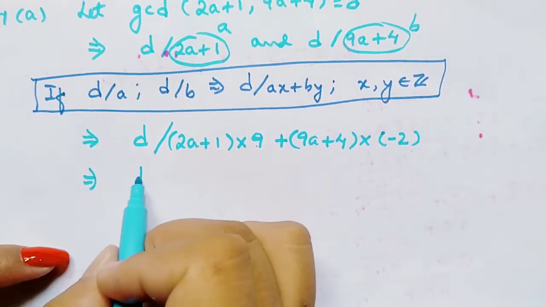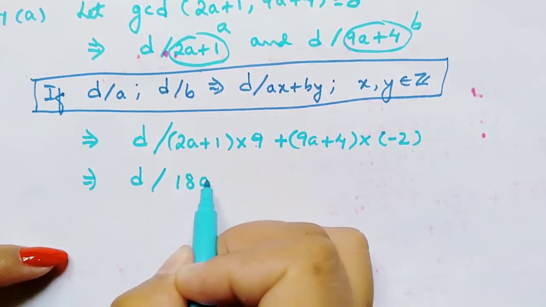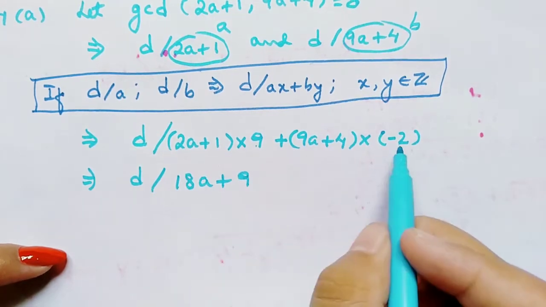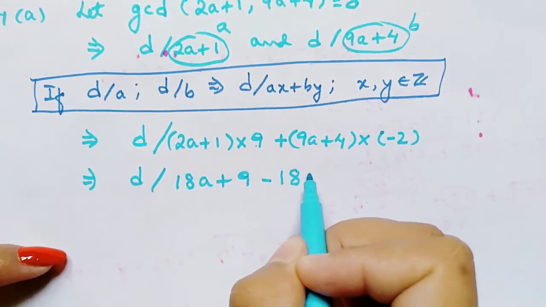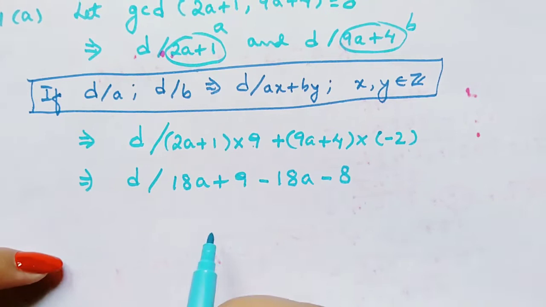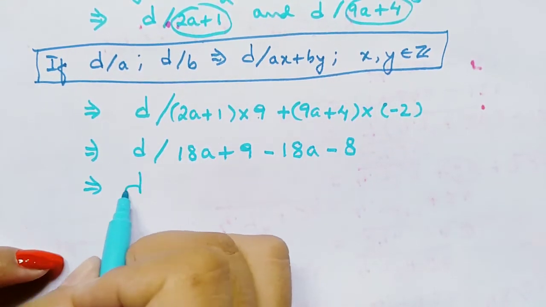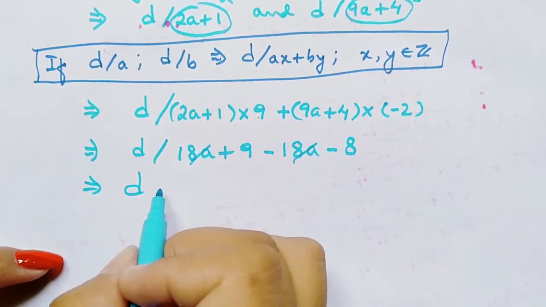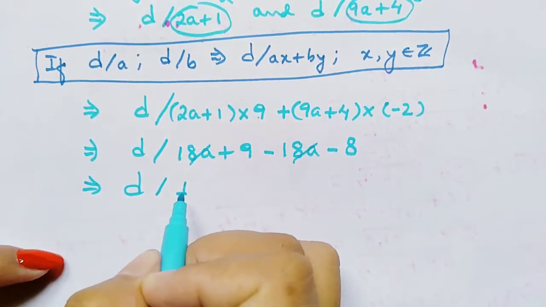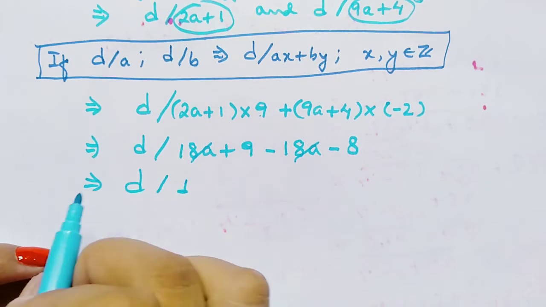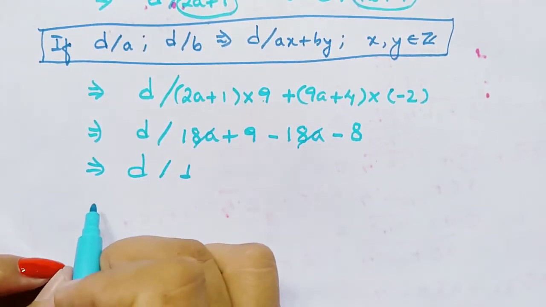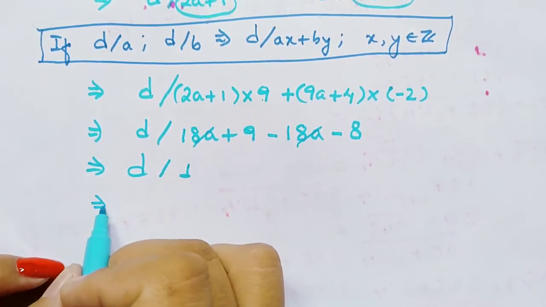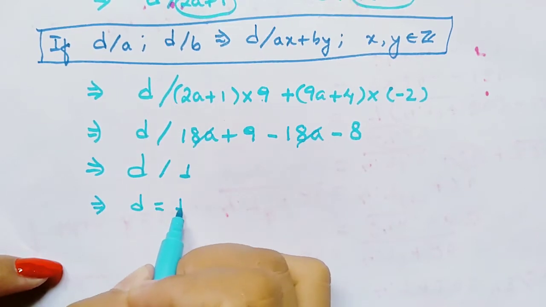And then here we have 18a plus 9 minus 18a minus 8. You multiply, this one and this one get cancelled. 9 minus 8 is 1. The only number that divides 1 is 1 itself. So from here it implies that D is 1.